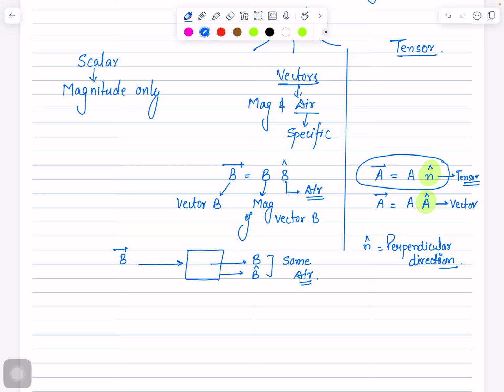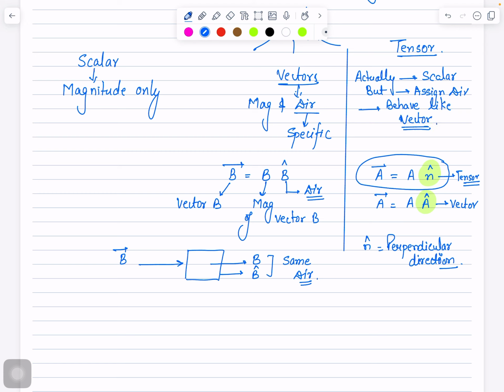Before that, you need to understand what a tensor is. Actually, they are scalar quantities, but we assign directions to them, so they behave like a vector.